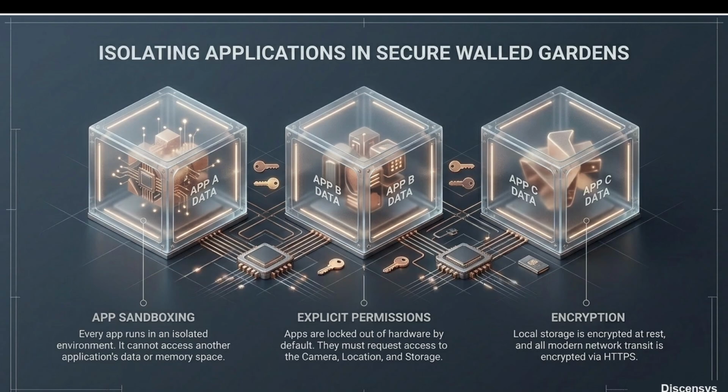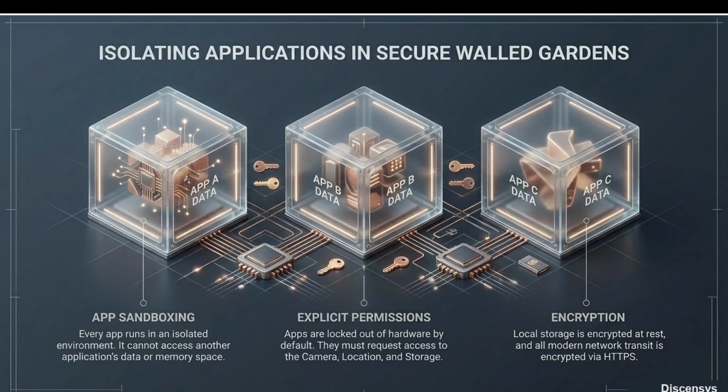Next is the encryption. Local storage is encrypted at rest, and all modern network transit is encrypted via HTTPS. So what it means is that there needs to be security for the storage, right? It is going to be encrypted in the sense that there will be some mathematical computation behind it, which is going to make sure that the data is not visible so that it cannot be cracked.